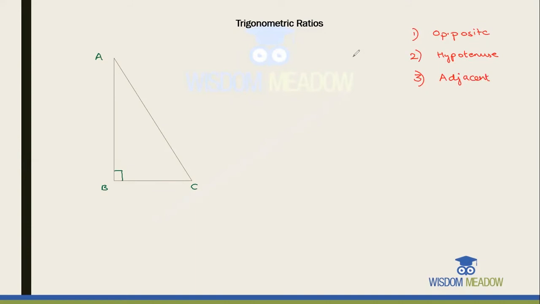So in this triangle, if you consider the acute angle C, the side opposite to the acute angle is going to be AB. So that is the opposite side, which is a side opposite to the acute angle you consider. Now, hypotenuse. Hypotenuse is a side opposite to the right angle, which is the longest side, and that's the hypotenuse.